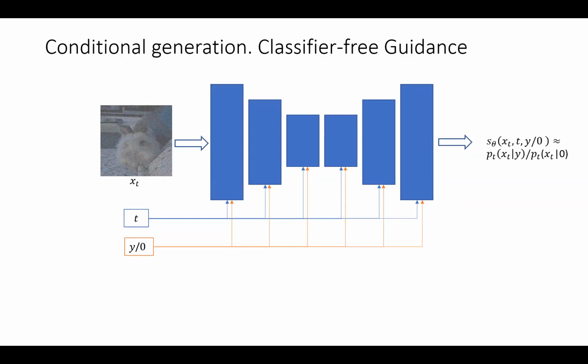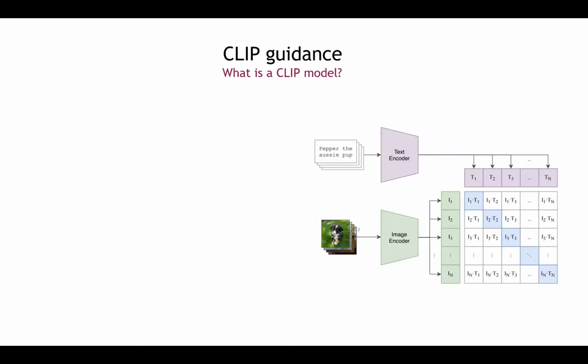So what these guys did, and we're going to discuss this in the next paper, the first paper, the GLIDE paper. As you recall, the CLIP model takes the caption and the image, learns the text encoder and image encoder, and does contrastive learning.